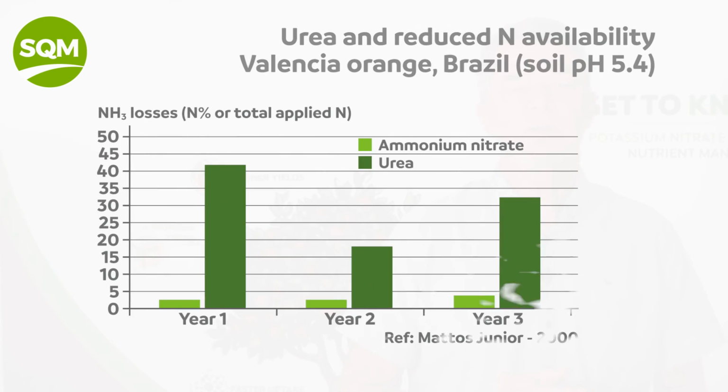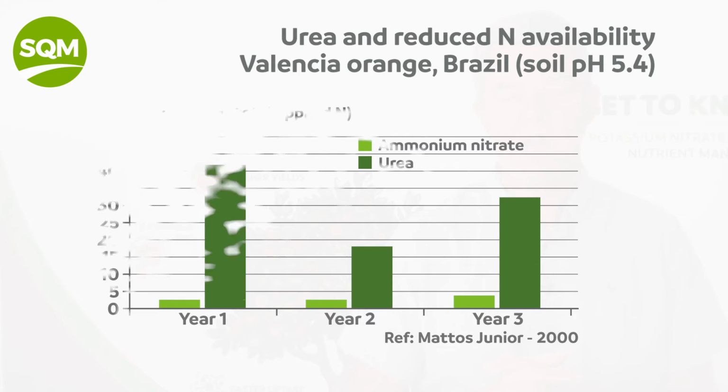If we look firstly at urea application, on the graph on the left you have urea volatilization, or losses to the atmosphere, and the y-axis is a percentage loss. It was tested over 3 different years, and you can see that by applying urea, which is the dark green bar, you are getting losses to the atmosphere.